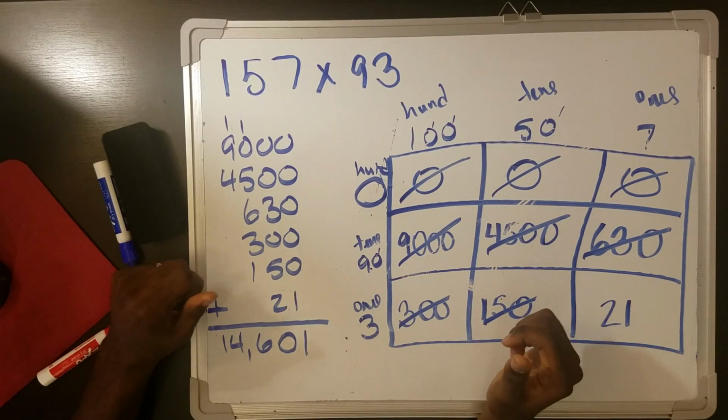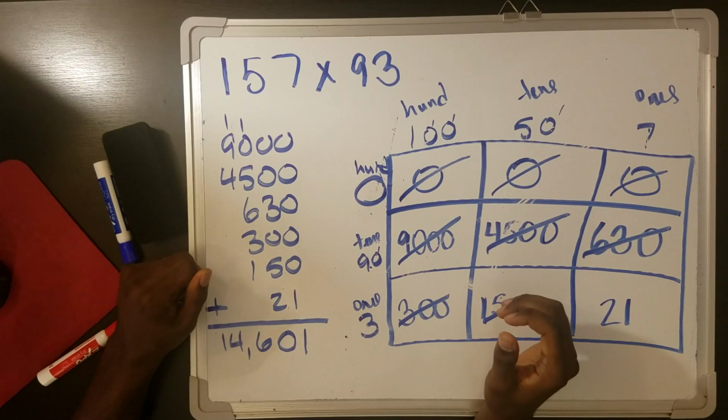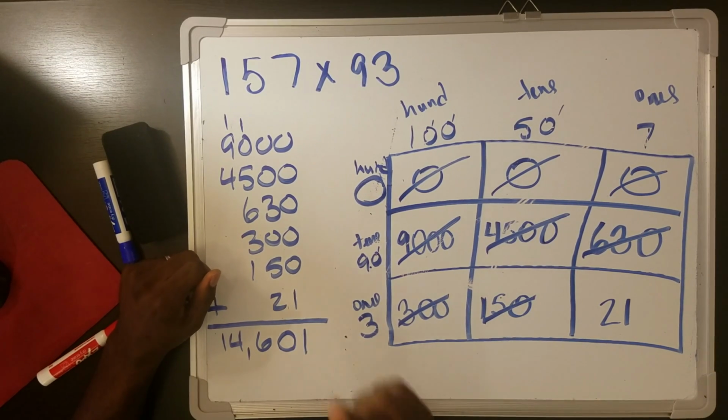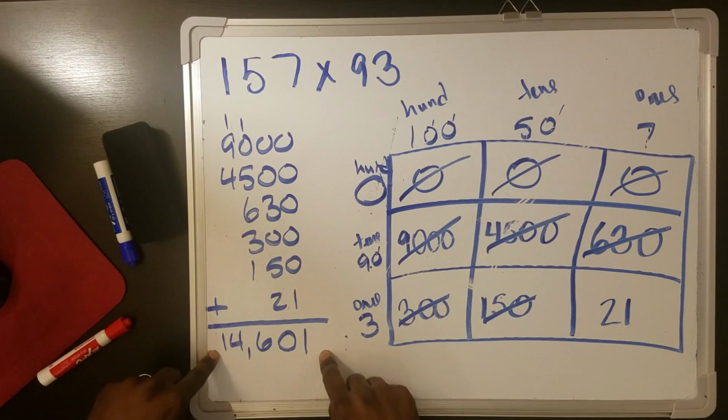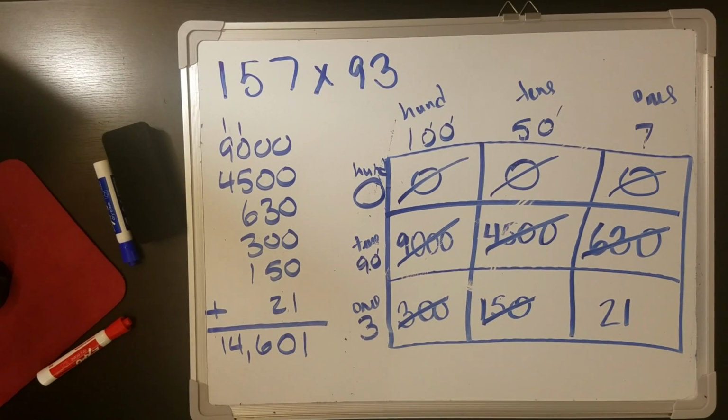Our Common Core multiplication has shown us that if you multiply 157 by 93, you're going to get 14,601. Great job, everybody. Great job.